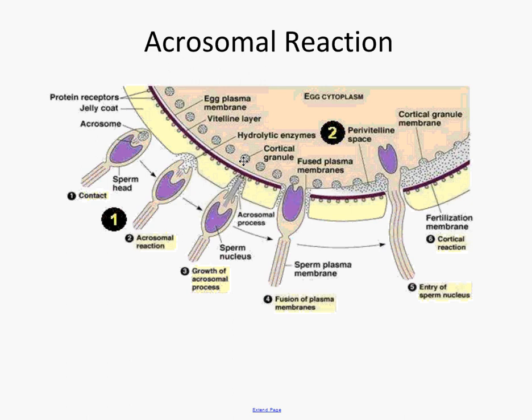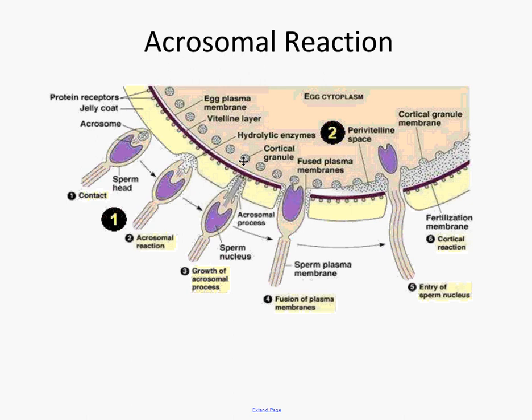The sperm begins to enter through the hole that is made in the membrane, and the two nuclei will eventually fuse. The nucleus of the sperm cell will fuse with the nucleus of the egg cell, and that will create this diploid zygote.